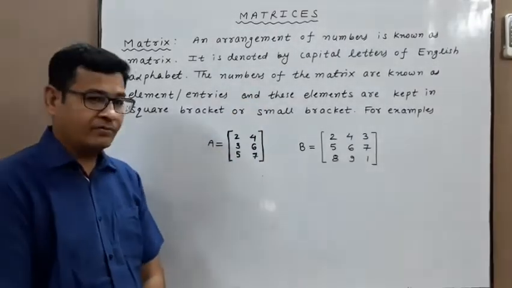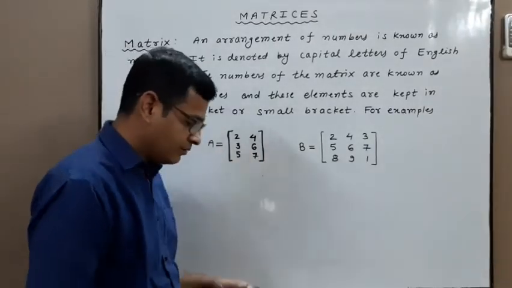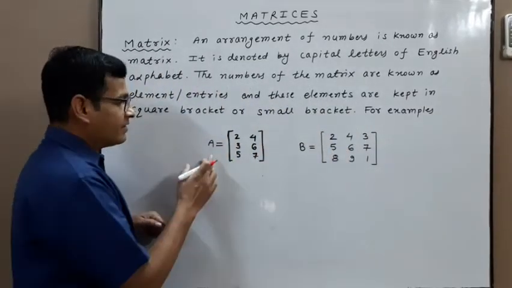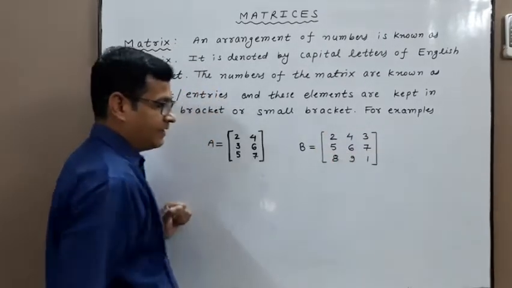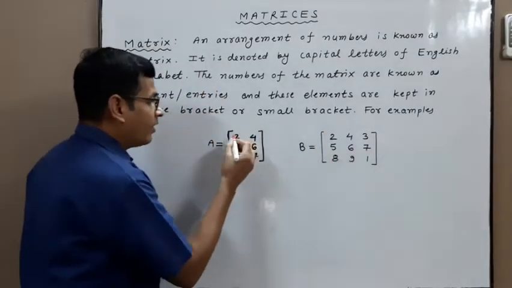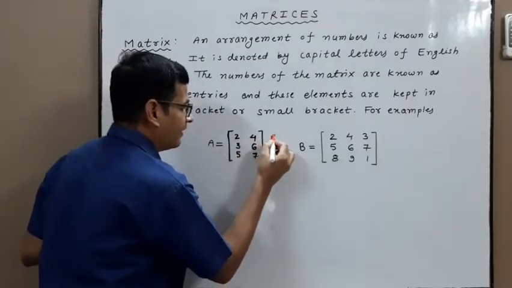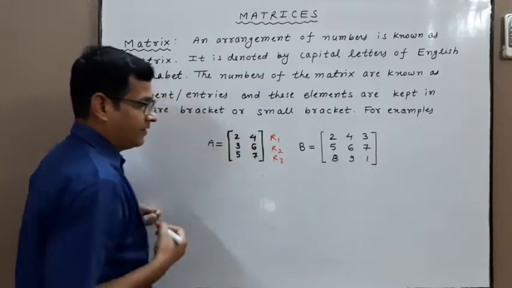small brackets. For example, A equal to this and B equal to this. In the first matrix there are 6 elements, in the second matrix there are 9 elements. The horizontal lines are known as rows and they are denoted by R1, R2, R3.